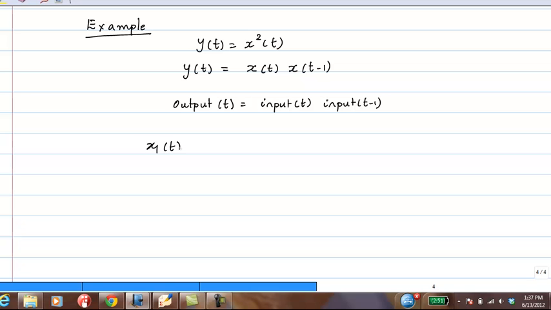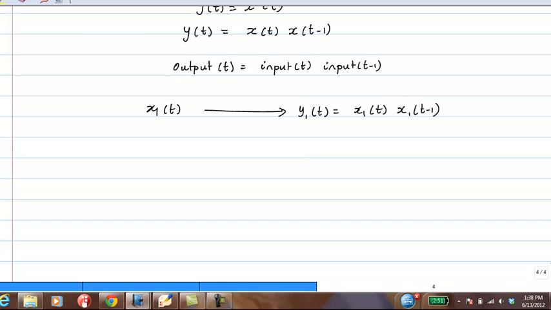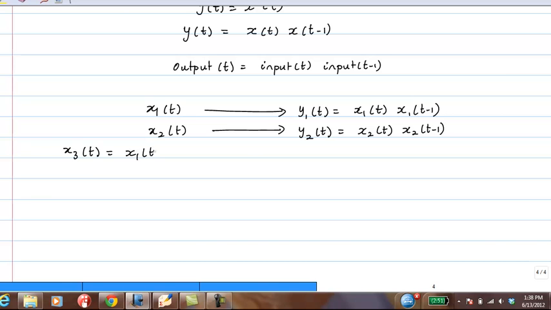So x1 of t will result in a signal y1, which is x1 of t times x1 of t minus 1. And x2 of t results in a signal y2 of t, which is x2 of t times x2 of t minus 1.